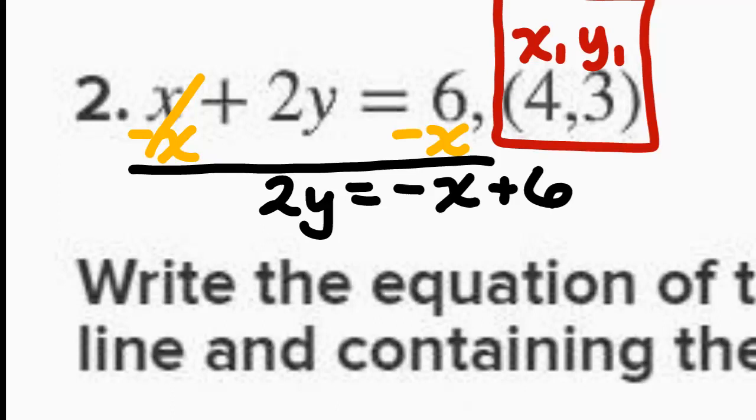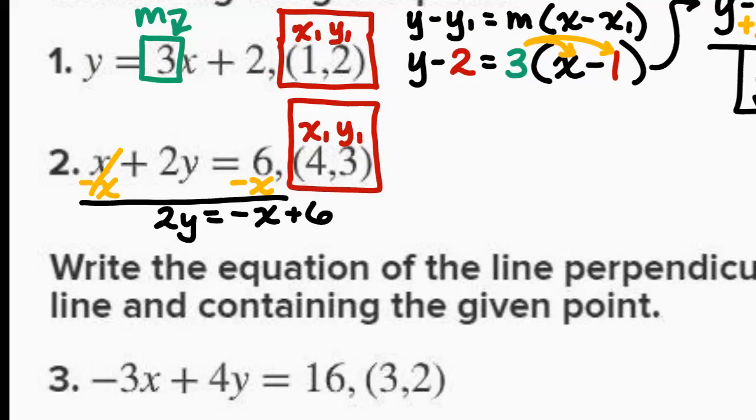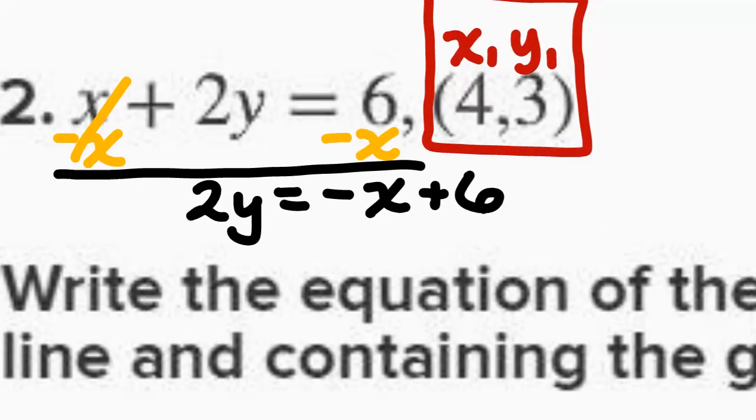What do you not get? It's not in slope-intercept form yet because the y is not totally and completely alone. There's still something over there with the y. What's still with the y? 2. I got to get rid of it.